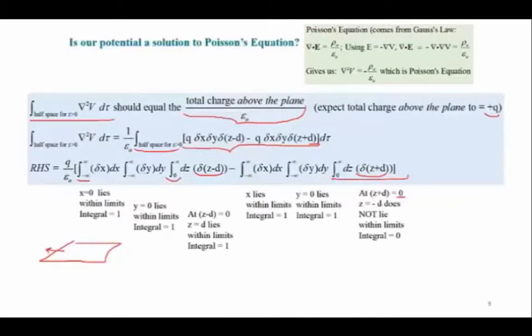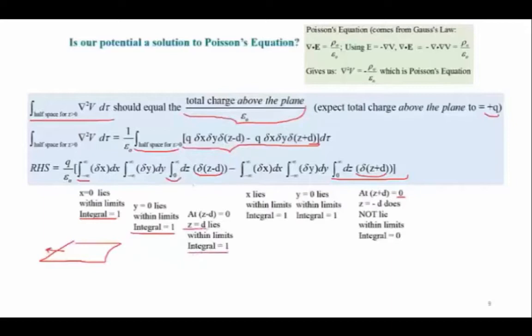Okay, so this one here, x equals 0, lies within the limit, so you get a 1. Y equals 0 lies within the limit, so you get 1. At z minus d equals 0, which corresponds to z equal d, you get a 1.